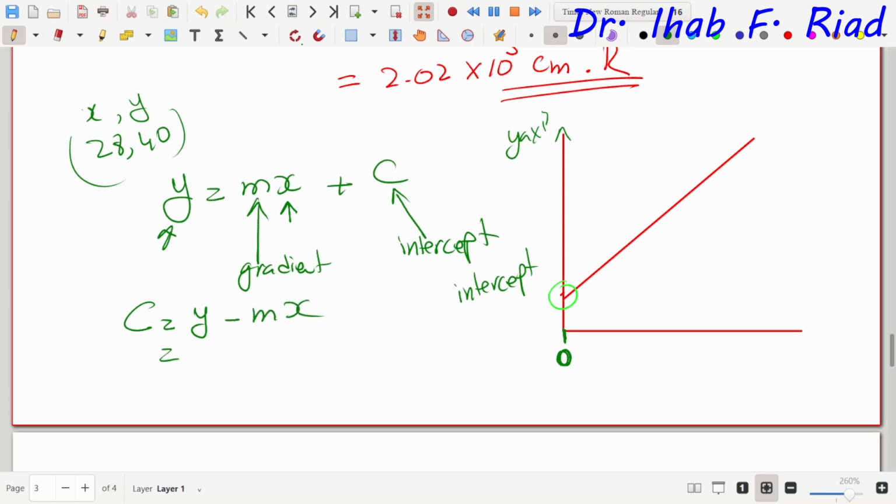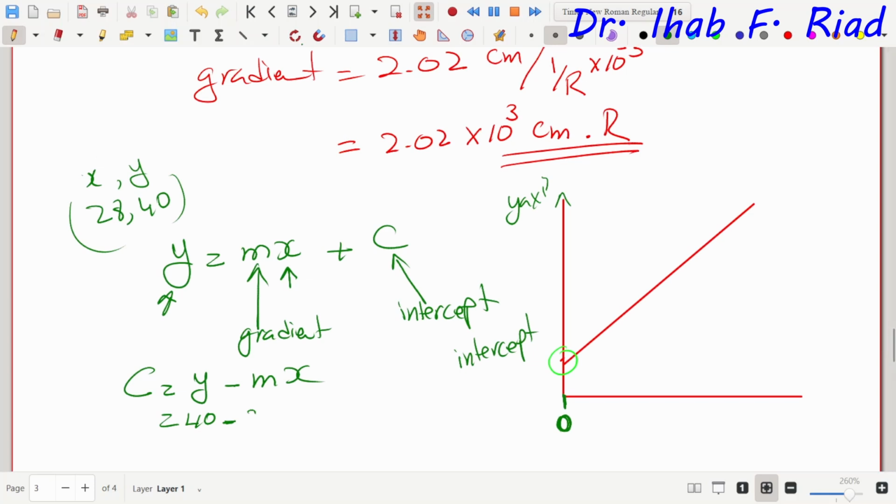Do we have a value for y? Yes, it is a point on the line. It is 40, right? Minus, what is the gradient? We know the gradient. It is 2.02 times 10 to the 3. What is x? It is 28.